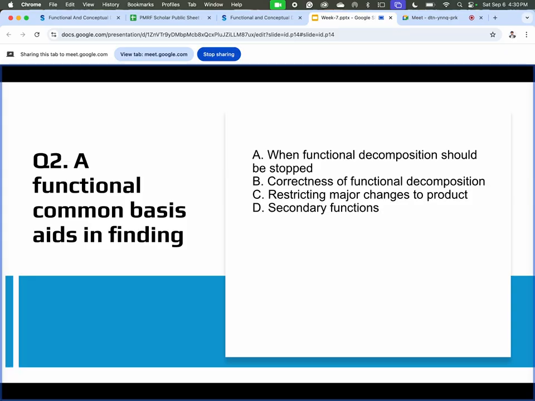So in breaking down a product into functions, one recurring challenge is knowing when to stop the decomposition. If we stop too early, the functions remain vague and unhelpful.